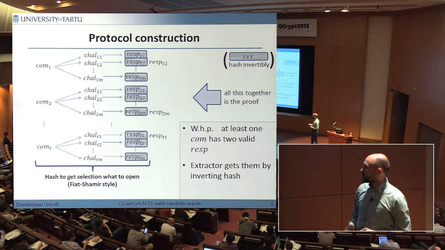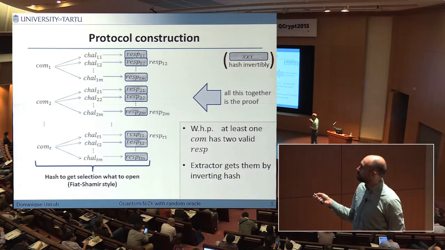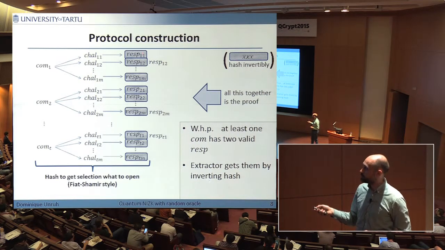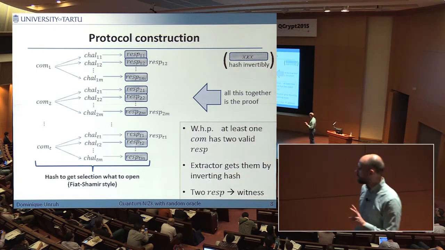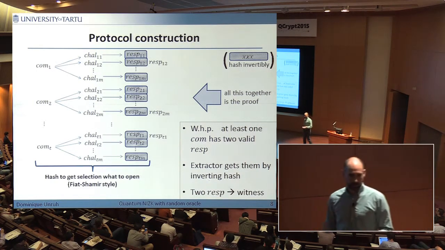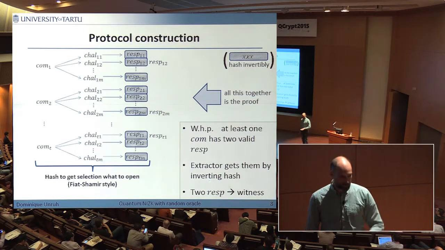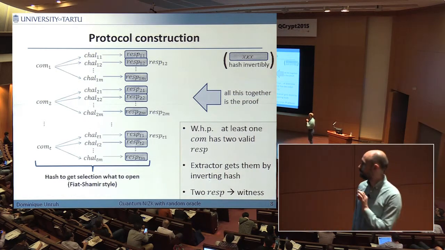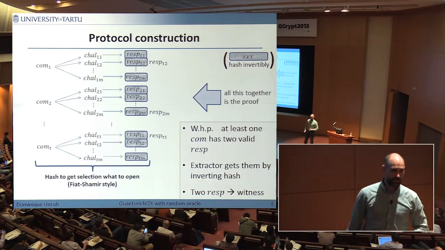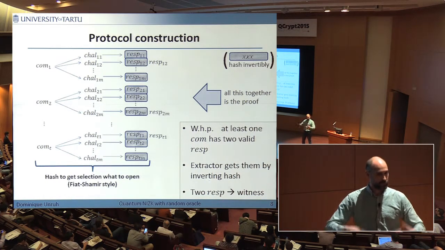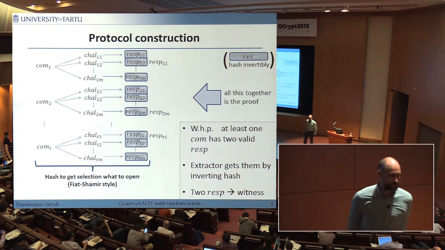And these responses can be gotten by inverting the hash function, by inverting them all. So the extractor can get these two responses, and the properties of a Sigma protocol, which I skimmed over, tell us that from having two responses, we can get the witness. And that proves that this must be a proof, because if a witness always can be extracted, it must exist.